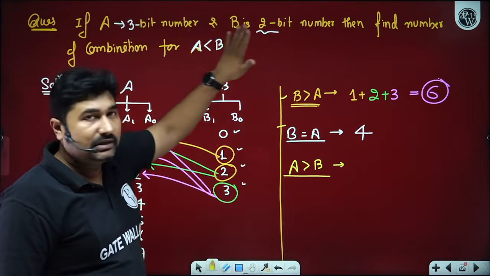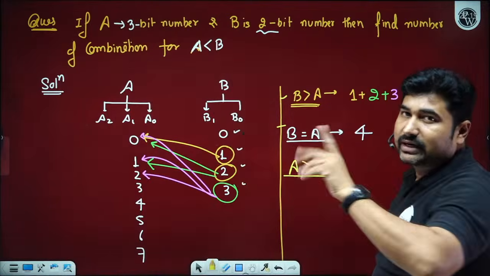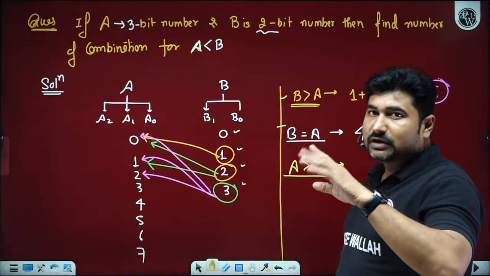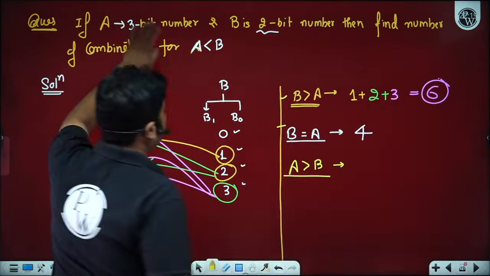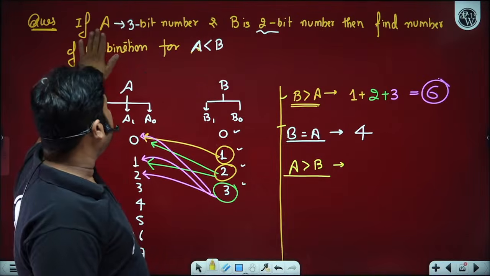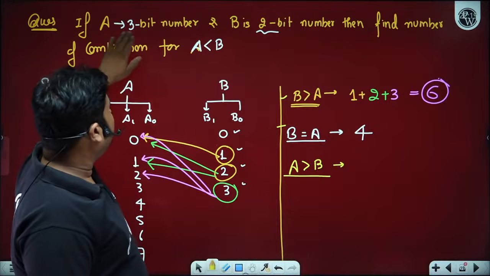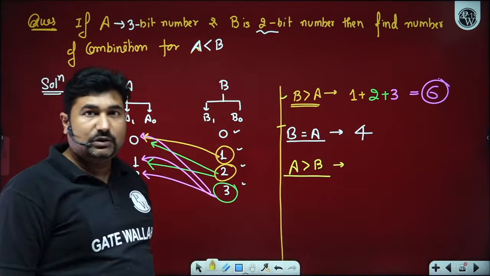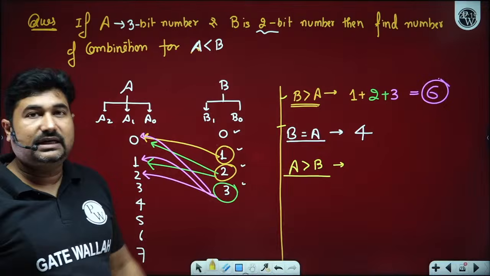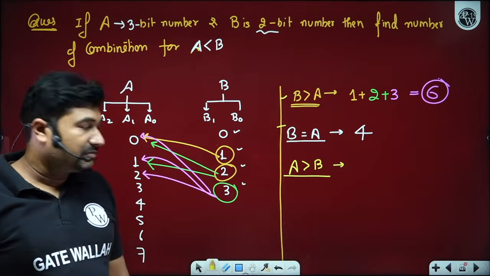So 8 combinations of this and 2 combinations of this. So the total number of bits will become 2 to the power 5, that means 32. Out of 32 combinations, 10 combinations are these, so the remaining 22 combinations will become this.